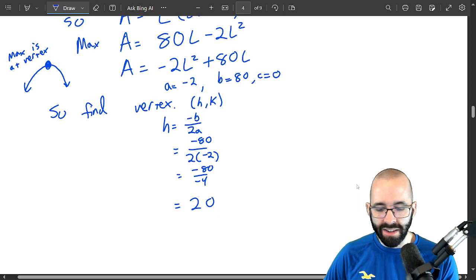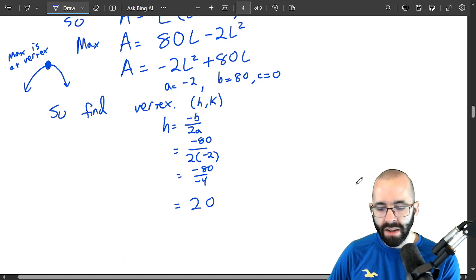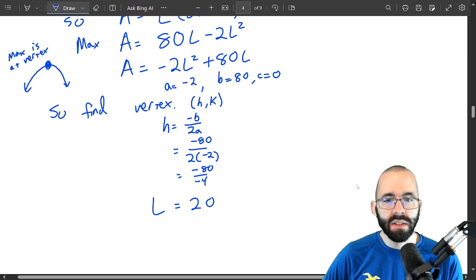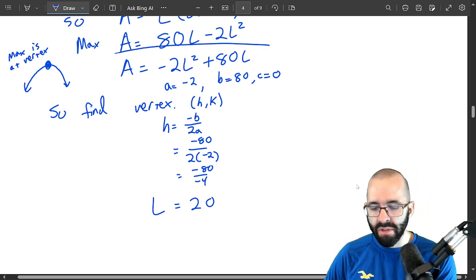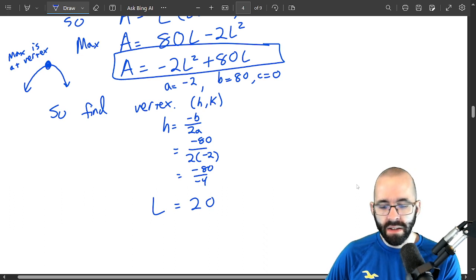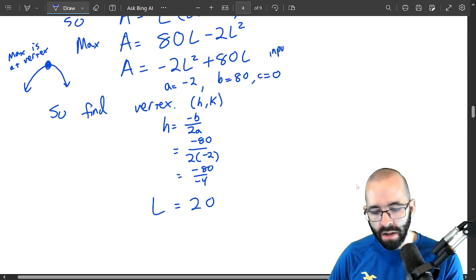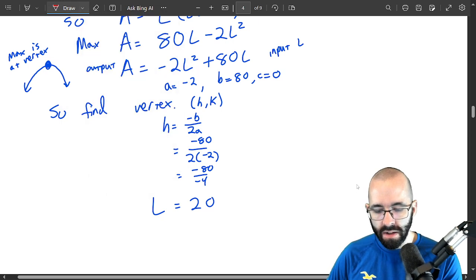And this is where we need to use H. What is H? H is the input here. We could also write L, because L is the input of this function. Our input is L, and our output is A. So (H, K) is really (L, A).